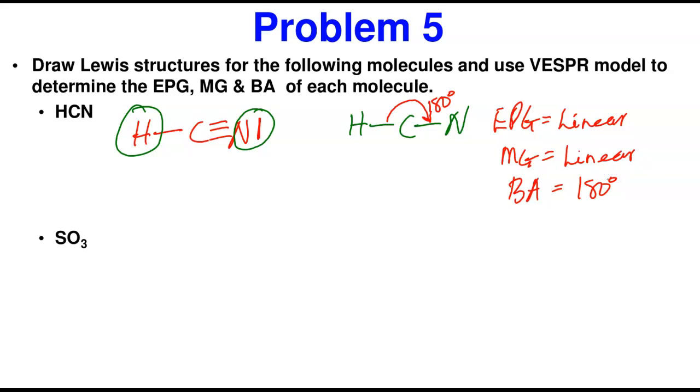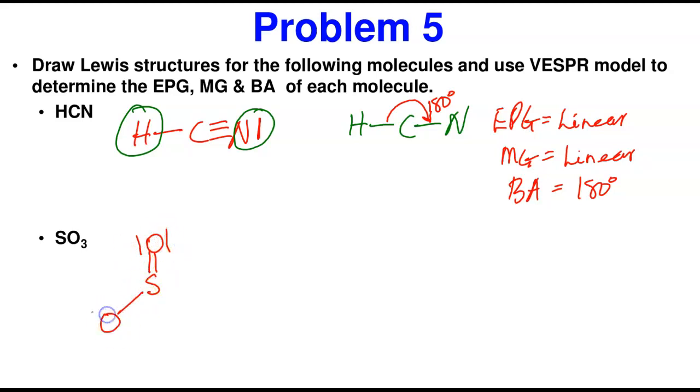And the last but not the least will be sulfur trioxide. What is it going to be? In trying to draw this, this will have an equivalent Lewis structure, that's the resonance structures, but you just need to take one. So let's see. If you draw this very well, the correct Lewis structure of this molecule will have sulfur connected to oxygen.